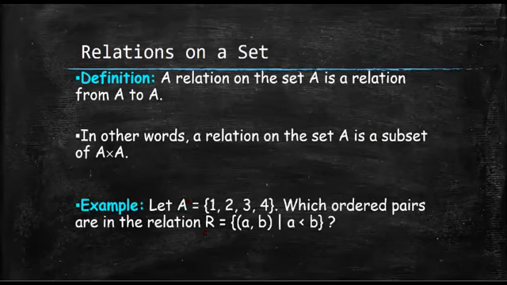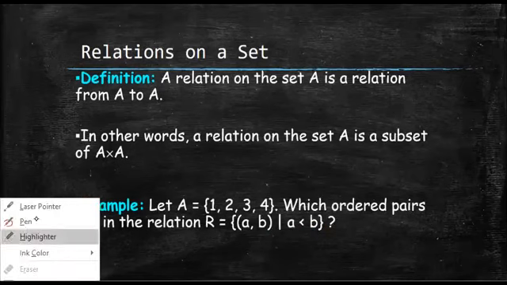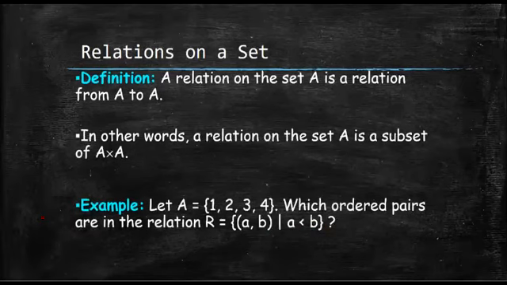Which ordered pairs are in the relation: a comma b such that a is less than b. So we are supposed to create the relation in such a way that the element a should be less than the element b. So for this, we will get the relation R in this way.